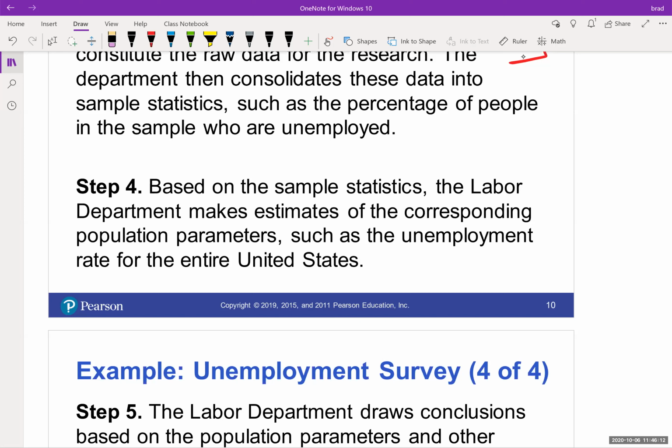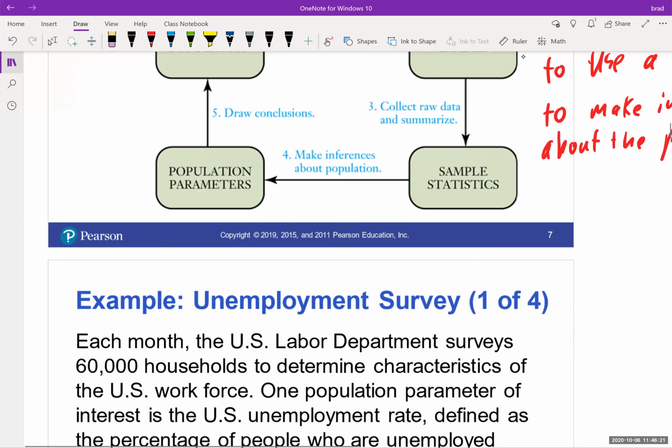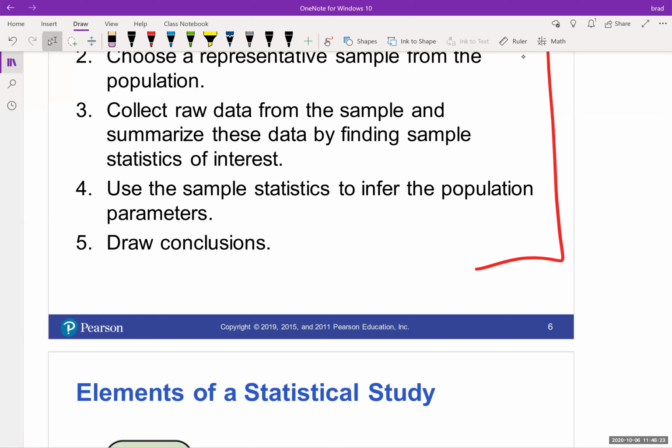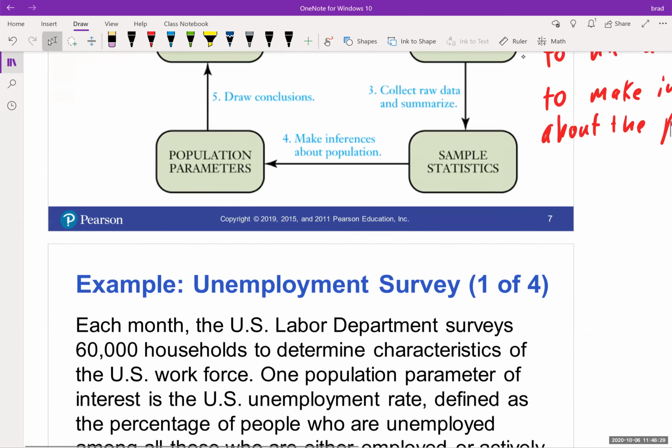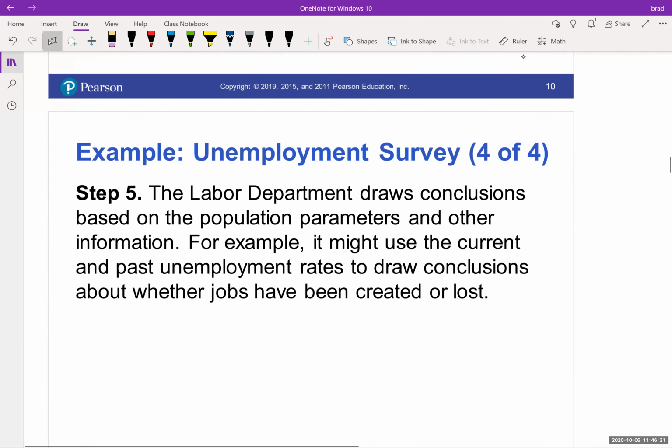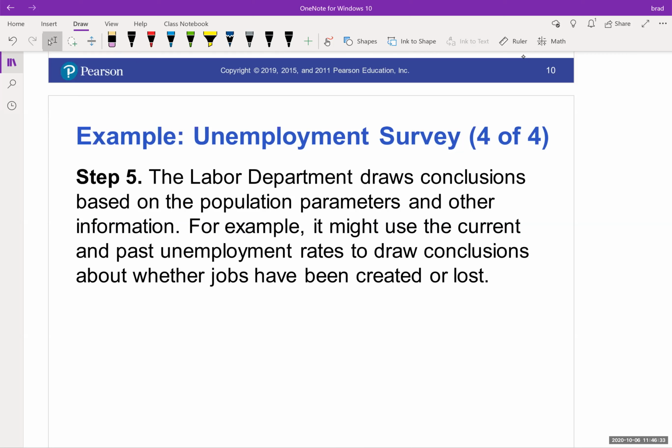But basically, in step 4, this is where we're trying to use the sample statistic to infer about the population, okay? So the data that we're gathering, we hope it leads us to something, okay?